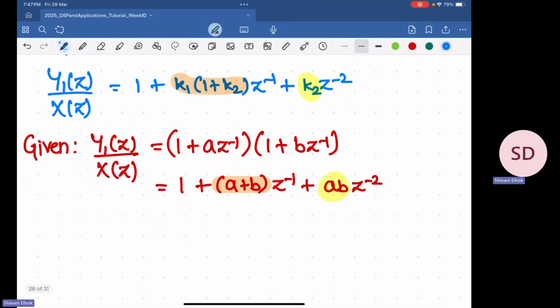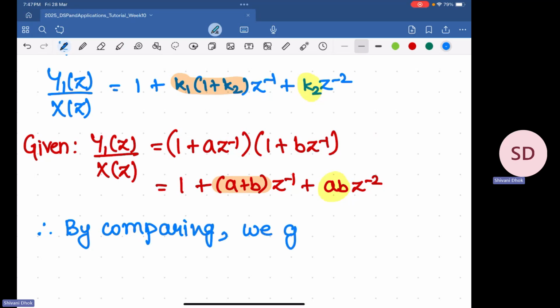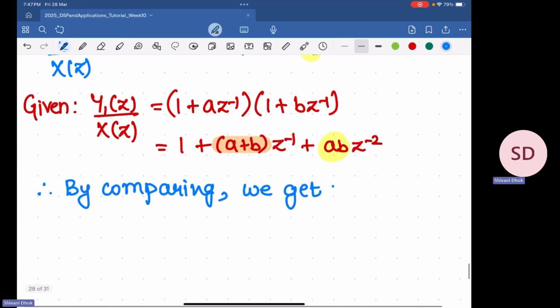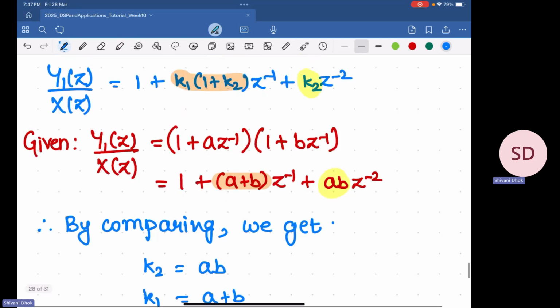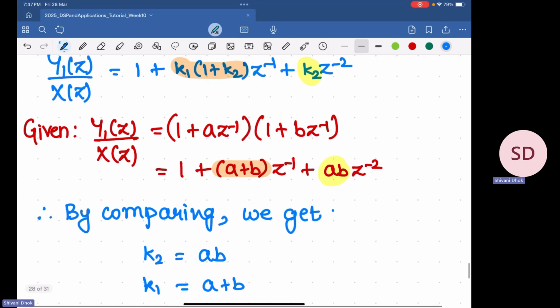So therefore, by comparing, we get k2 is equal to ab, and k1 into 1 plus k2 is equal to a plus b.